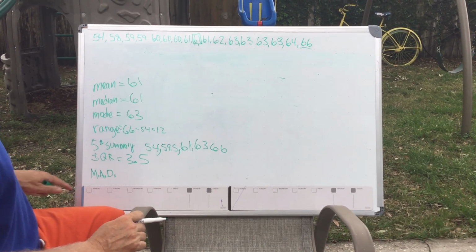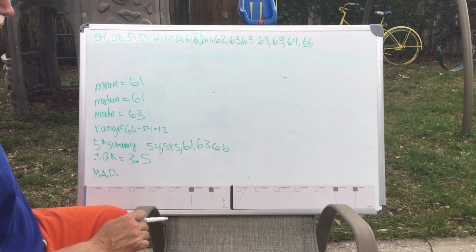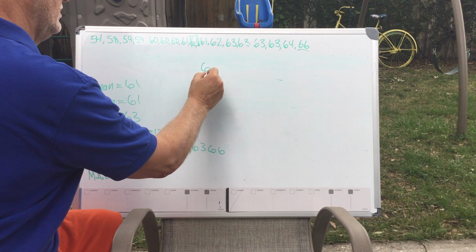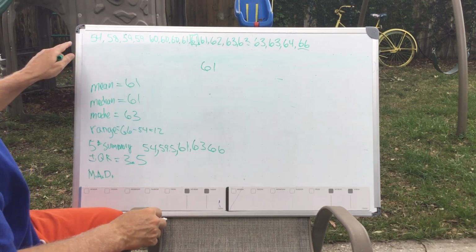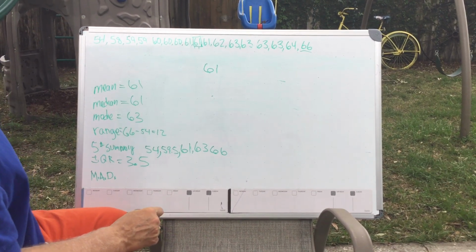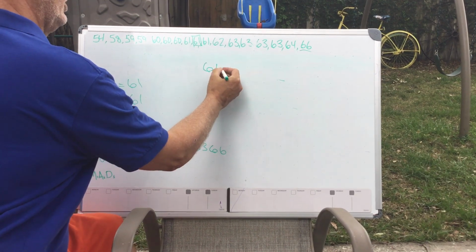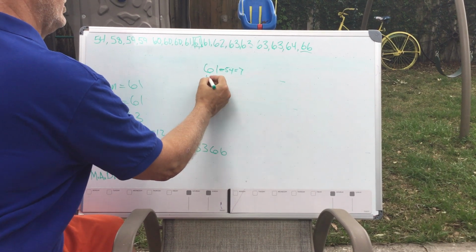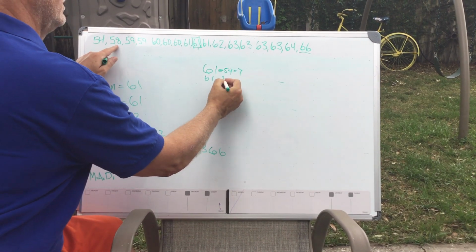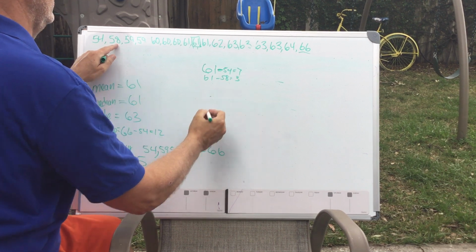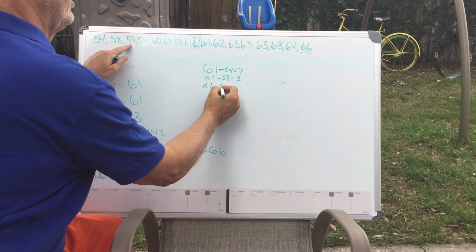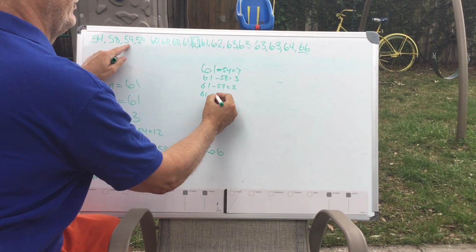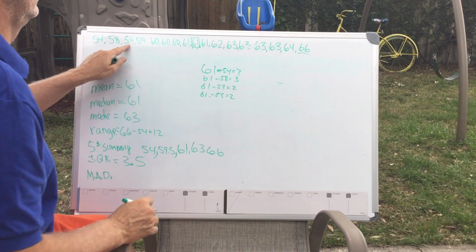So the next thing I'm going to do is find the M.A.D. The M.A.D. is when I take the mean, 61, and I subtract every number from it, right? So 61 minus 54, 7. 61 minus 58, 3. 61 minus 59, 2. 61 minus 59 is 2.